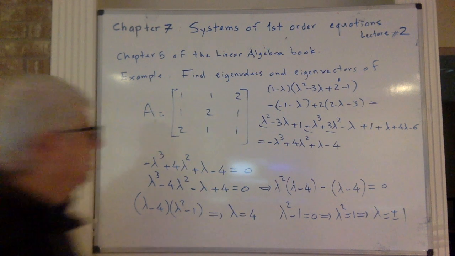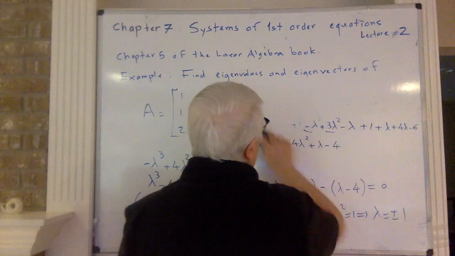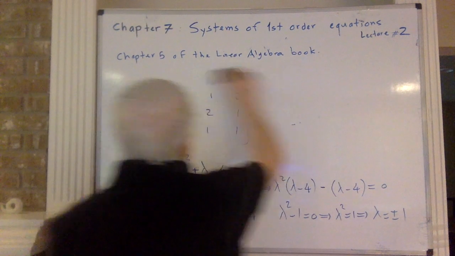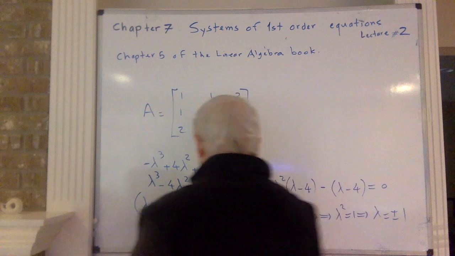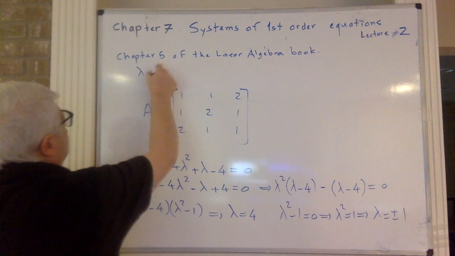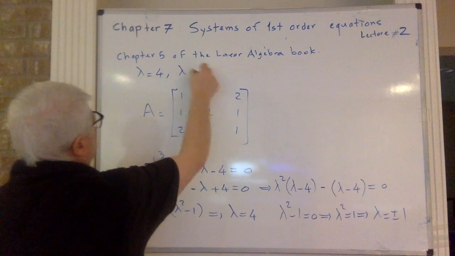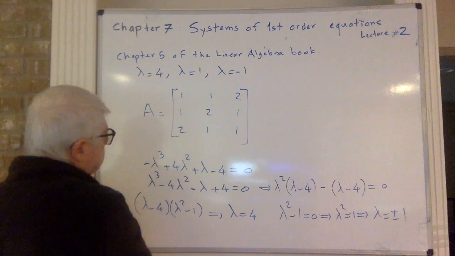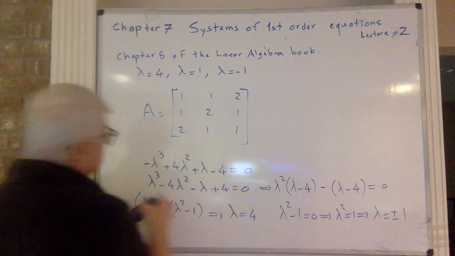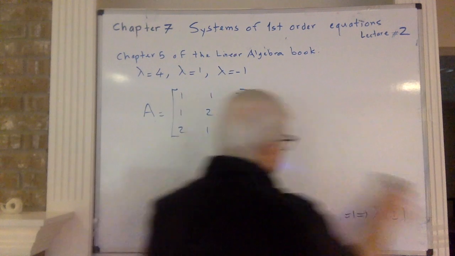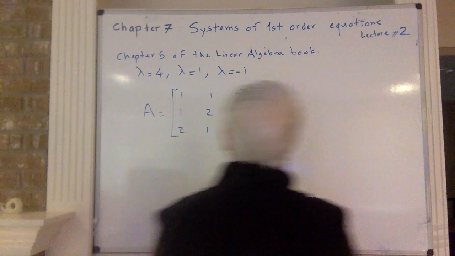let's write them up here somewhere. Let me erase this first line, because I need this space. So I have lambda equals 4, and lambda equals 1, and lambda equals negative 1. And the matrix is this. So I have to solve this. For all three of them, I have to solve this equation.